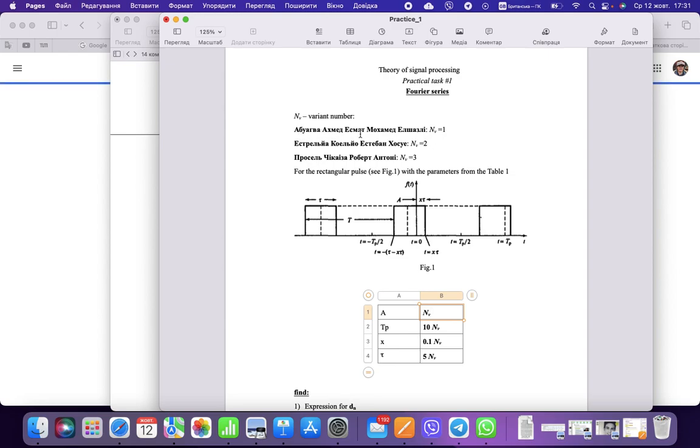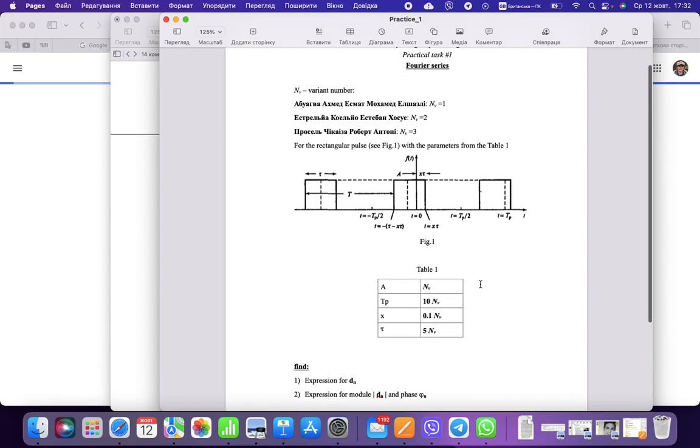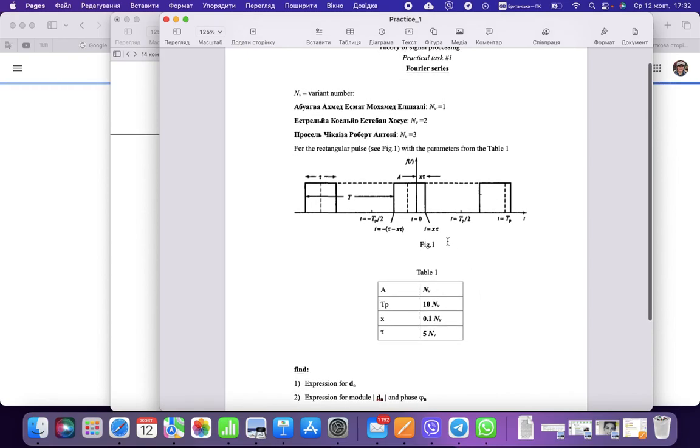Here you can see your name and the corresponding number of variant. So for each of you, the amplitude, period of repetition, and the shift of the rectangular pulses will be different, as well as the duration of the pulse, indicated by the Greek letter tau.